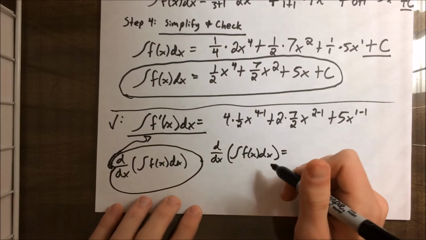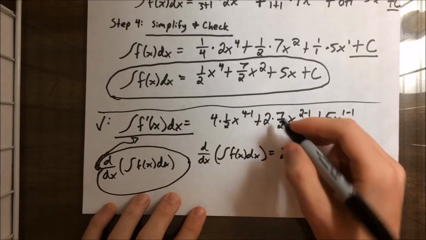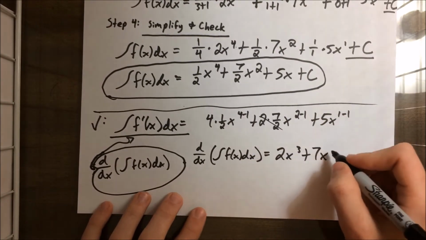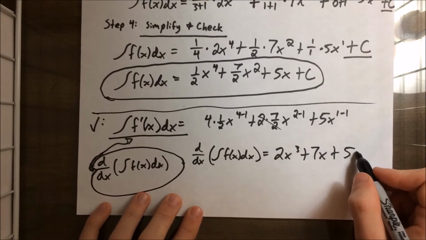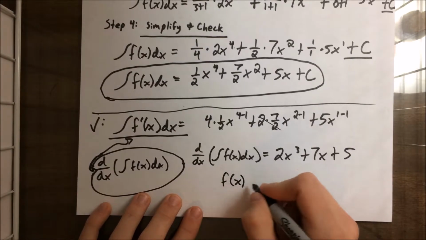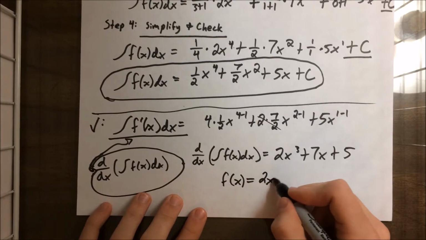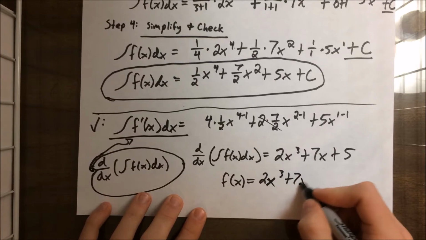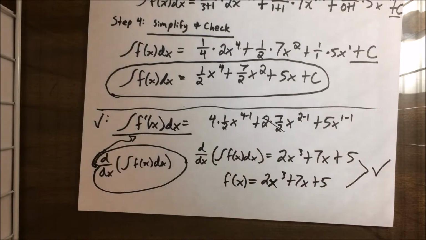So the derivative of the integral is equal to 2x cubed plus, those cancel, so 7x to the 1st and then plus 5. So f of x, our starting function, was equal to this, so 2x cubed plus 7x plus 5. So those are equal, so we're good. So therefore, this is the integral of this function right here.